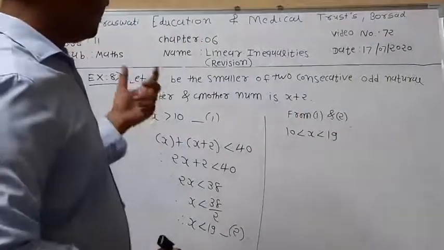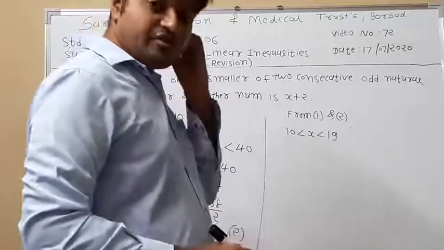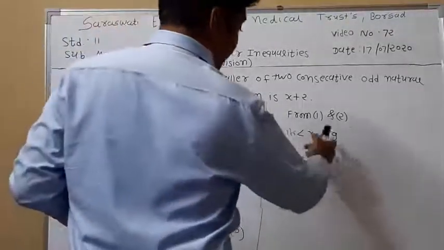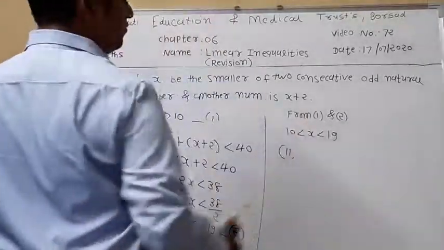But our question is to find the pairs of consecutive odd natural numbers. So between 10 and 19, one number we can consider is the odd number 11.